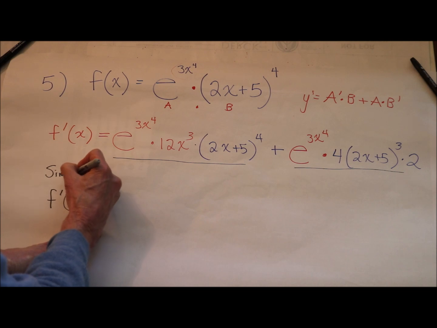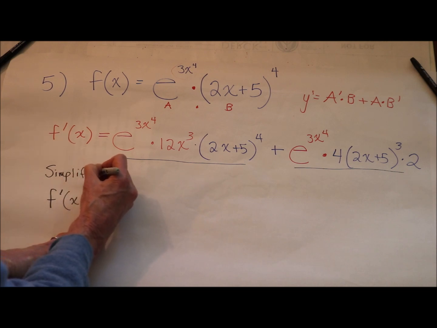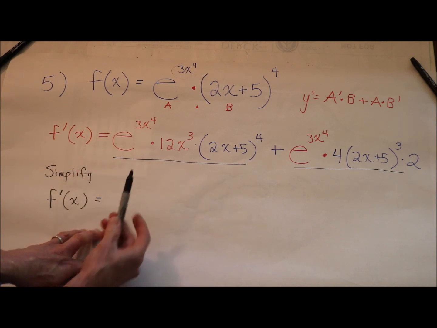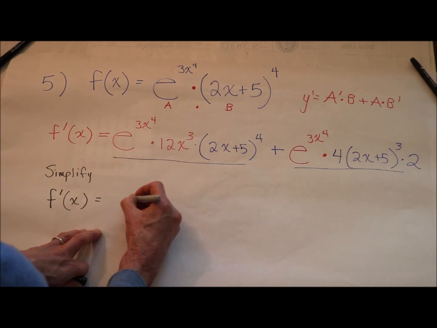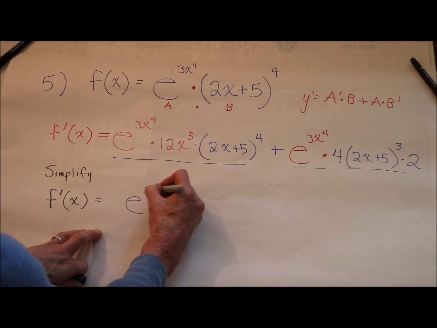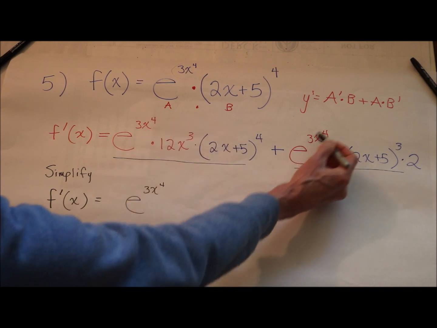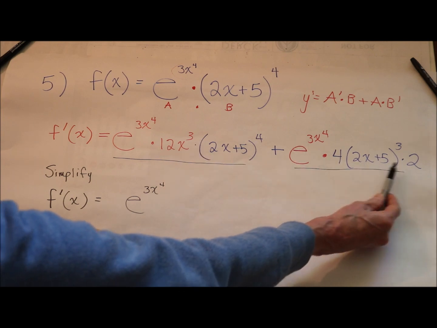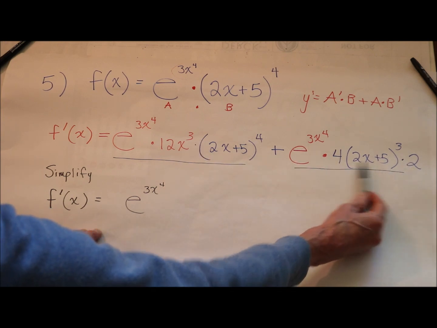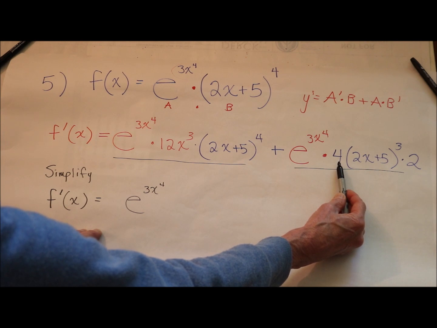So, if I want to factor out a GCF, I want to look and see what they both have. Well, they both have this e to the 3x to the 4th in common, so I can factor that out of both. This has a 12, this has a 4 times 2, or an 8. So I can factor out a 4 from both of those.